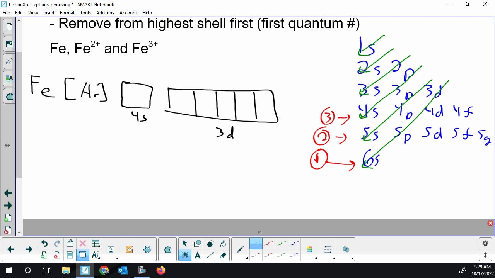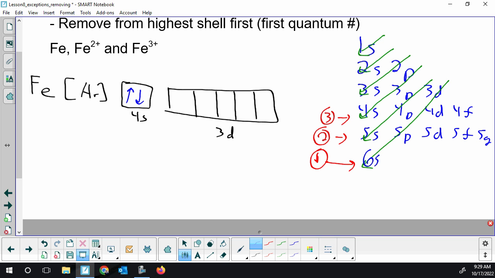This is not one of our fill exceptions. So we're going to fill the 4s first. And then we're going to start filling D's. And let's see, it's 1, 2, 3, 4, 5, 6 over in the D block. So there's 6 3D electrons.